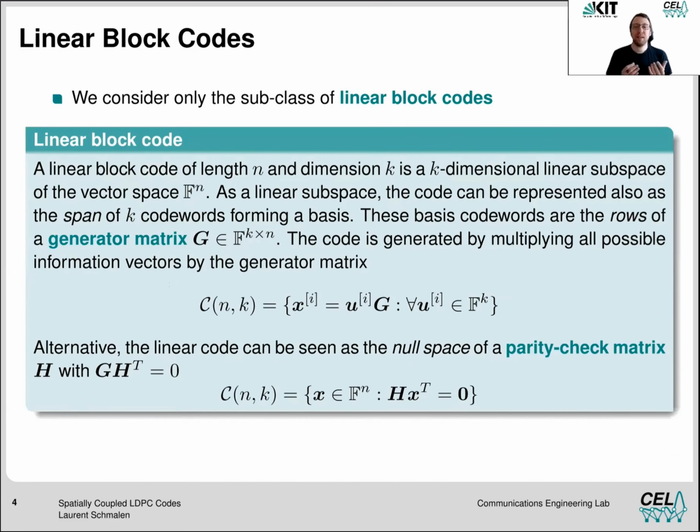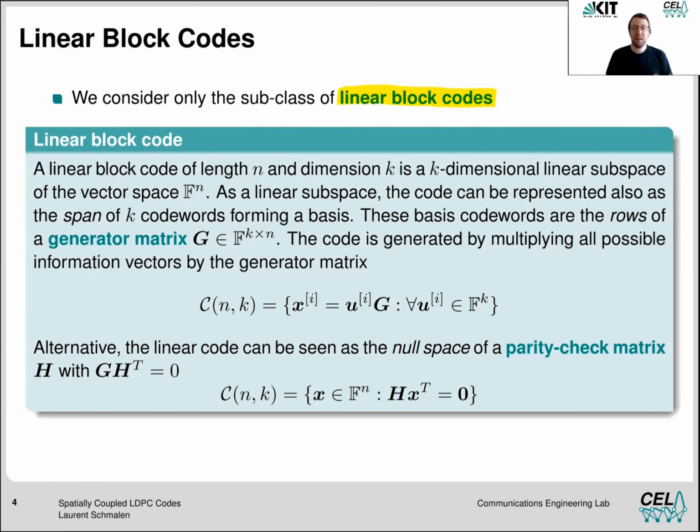And we are focusing on one subclass of block codes, which are linear block codes. We are exclusively focusing on linear block codes. Linear block codes are sufficient for achieving Shannon's capacity. So it's sufficient to look at linear block codes, and they possess some very nice and interesting properties for implementation. A linear block code is essentially a k-dimensional linear subspace of our vector space F to the power n. Because we have a linear subspace, we can represent the code using the span of a basis.